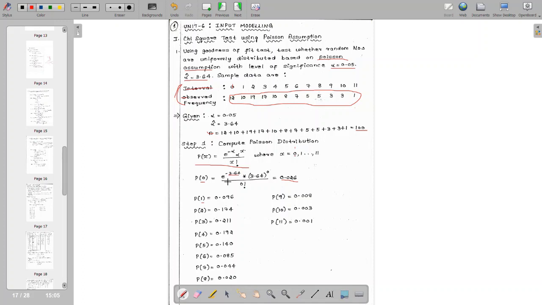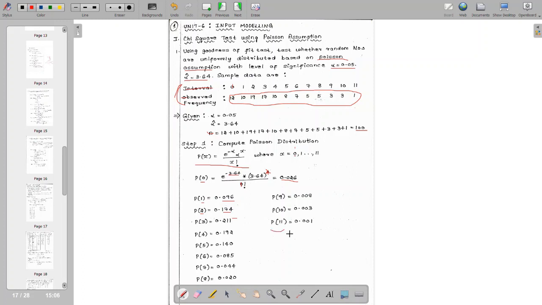Substitute e to the power of minus 3.64 into 3.64 power of 1 by 1 factorial, and you will get 0.096. Then x equals 2, e to the power of minus 3.64 into 3.64 power of 2 by 2 factorial, and we will get 0.174. Like that, we have to find the Poisson distribution.